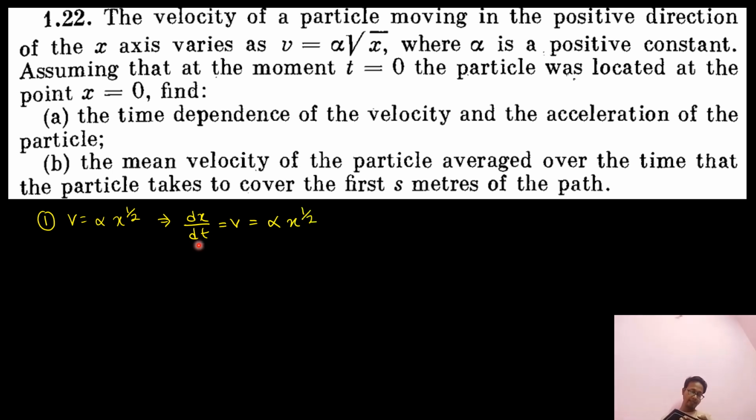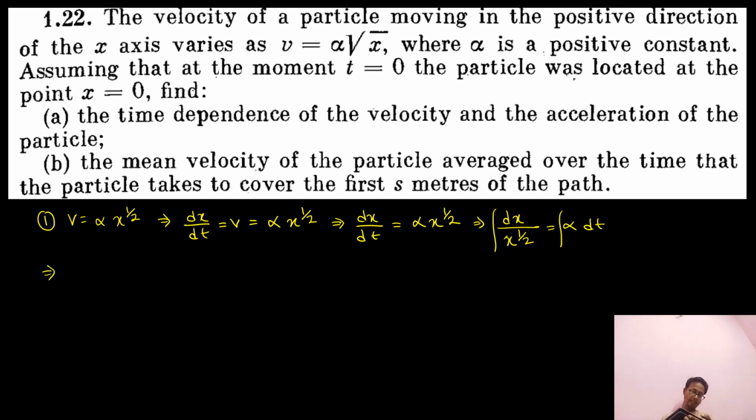Now if I take this equation and write it separately, dx by dt equals alpha x to the power 1 by 2. I can simply write dx by x to the power 1 by 2 equals alpha into dt. I can simply integrate both sides.